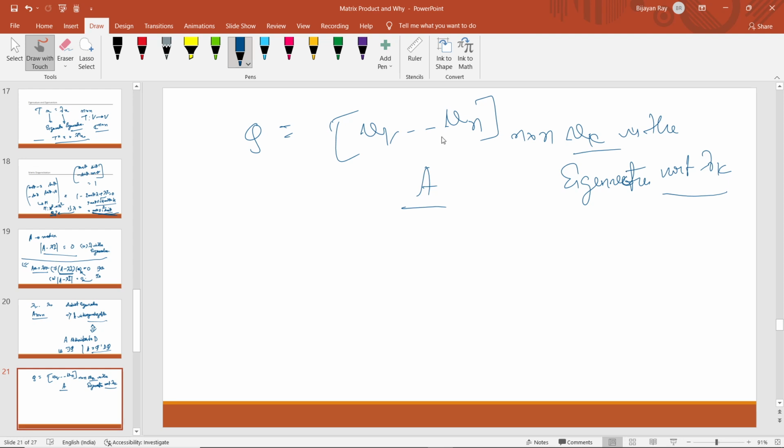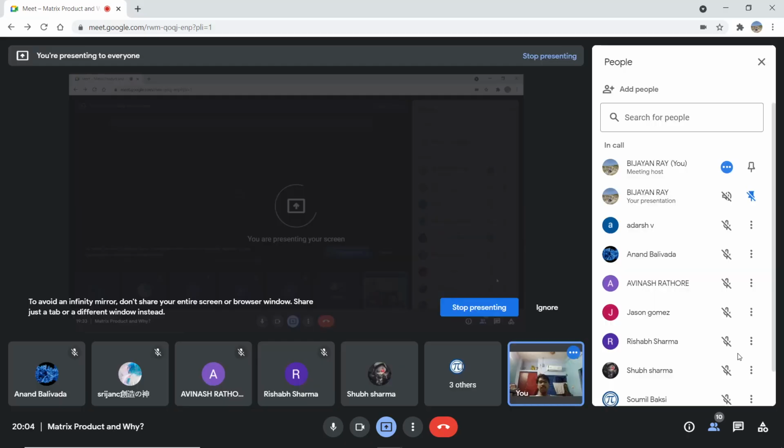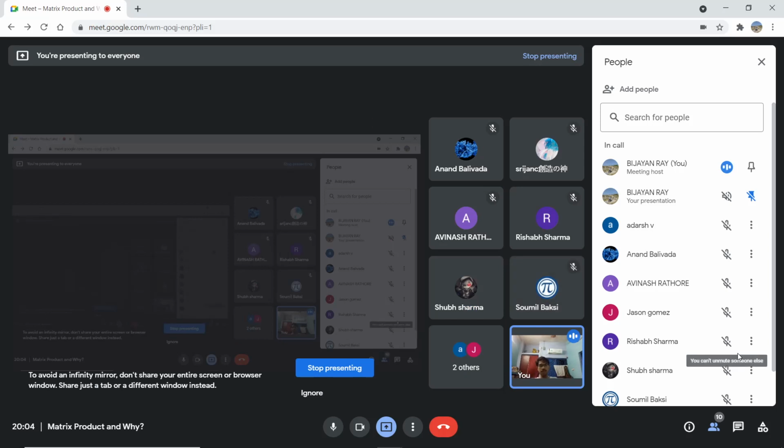That's a theorem: if the eigenvalues are distinct, then the eigenvectors would be linearly independent. Can everyone see that?